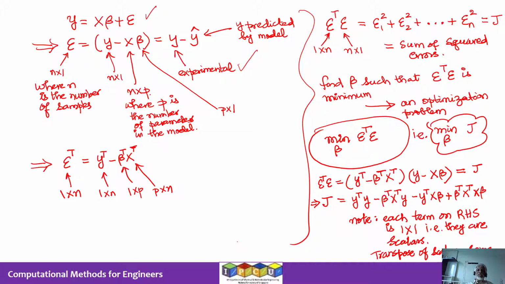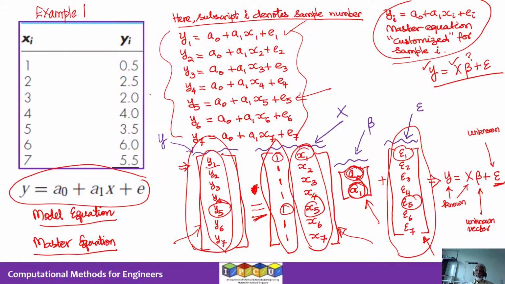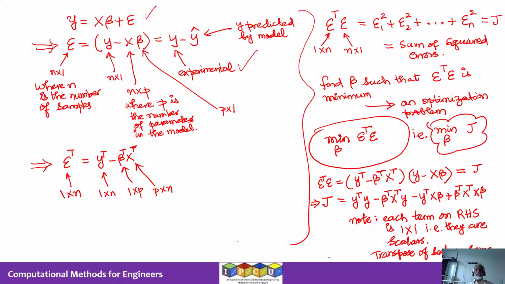Therefore, X in our example is 7 by 2, as you can see here: 7 rows, row 1, row 2, row 3, all the way till row 7, and then 2 columns, column 1 and column 2. In the more general case, X will be n by p: n rows, each row corresponding to one sample, and p columns, with each column helping in the determination of one of the parameters in the model.